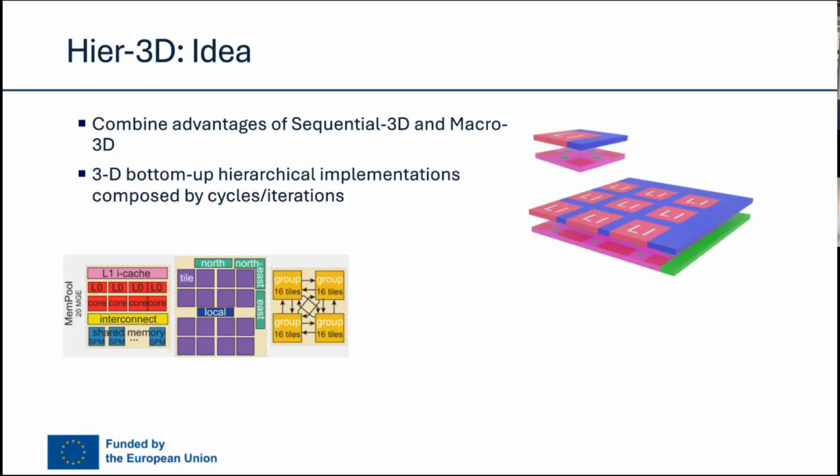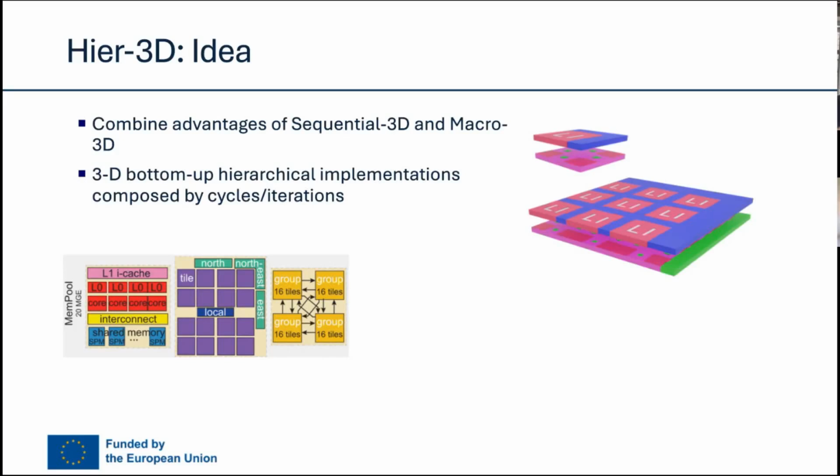Once we have the tile, we can create the group. For that, conceptually, we just have to integrate these 16 tiles and add the logic for the local interconnect and for the node. Note that we can do this just by swapping the concept of what is the working tier, what is the tier where it's fixed, so that in this iteration, the complete tile is seen as an IP, only occupying the part where the standard cells and the L1 memory is located.